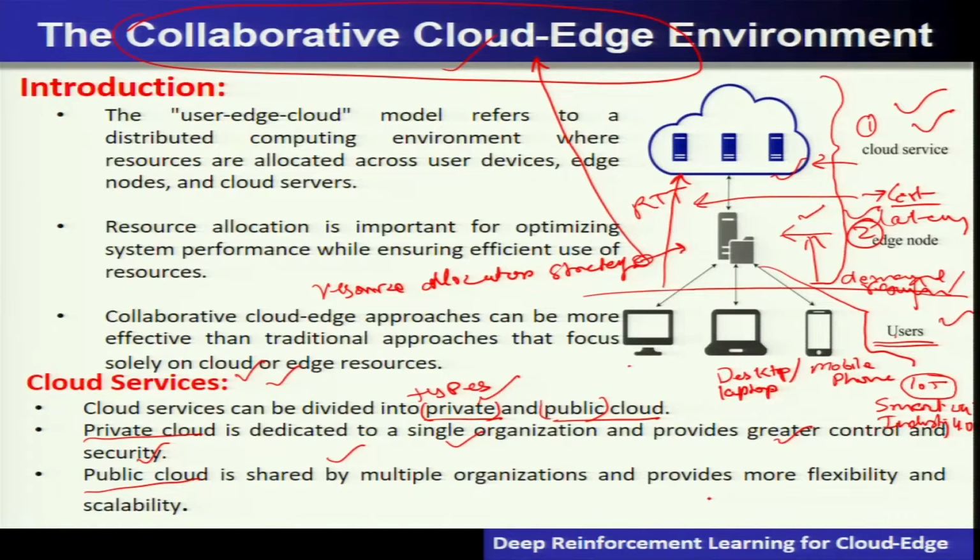The public cloud also provides more flexibility and scalability. Examples of a public cloud are Google Cloud, Amazon AWS, Azure, or Ali Cloud.